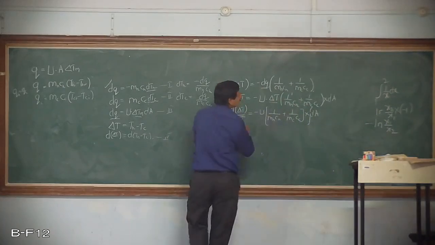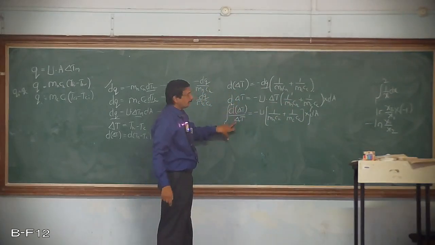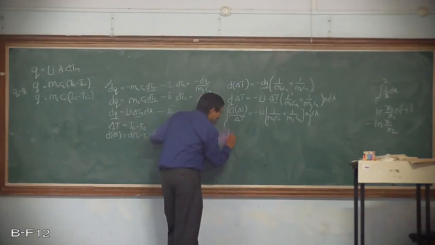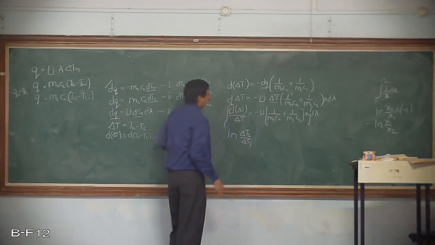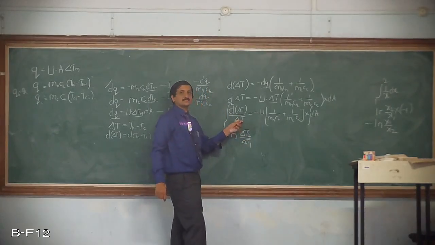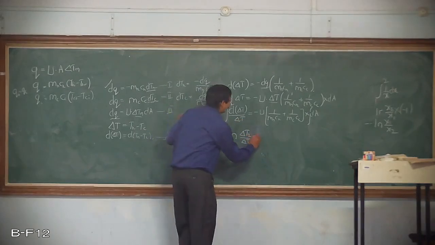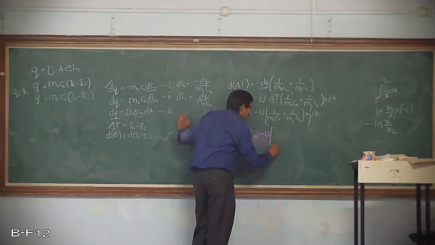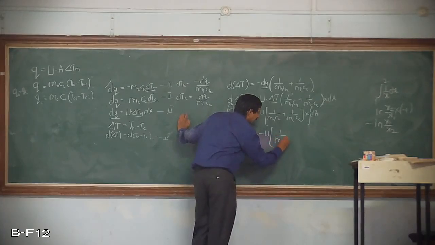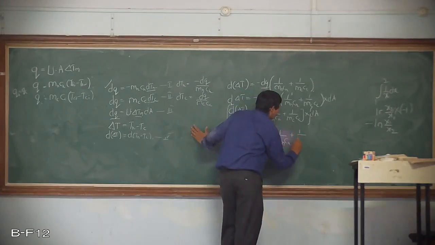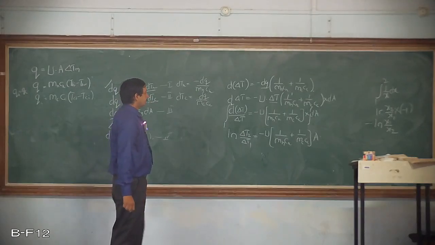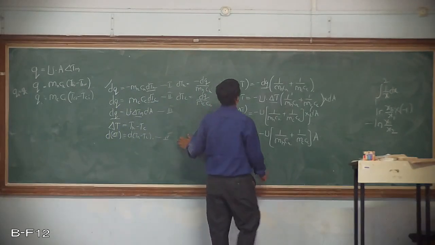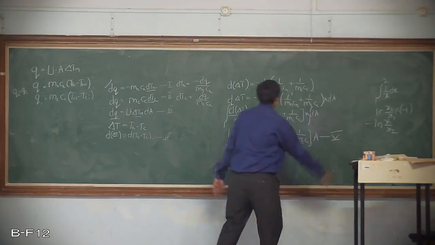Therefore, the integration of d delta T over delta T is ln of delta T2 over delta T1, let us say this is x, ln of x, which should be equal to minus U into (1 upon mh ch plus 1 upon mc cc) into A. Okay, so this is equation number 5.